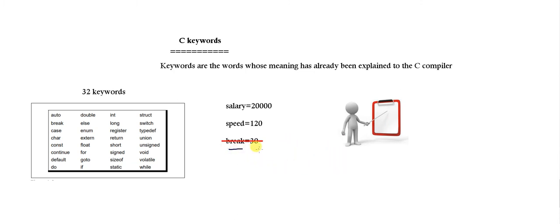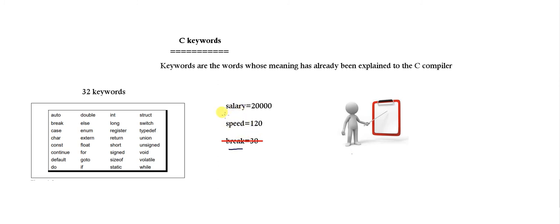For example, int is a keyword; if I mention int in front of salary, what is the meaning of that? Salary is an integer number. If I mention float, it is a float number. If I mention double, it's a double number. If I mention character, it's a character. So it has its own meaning.